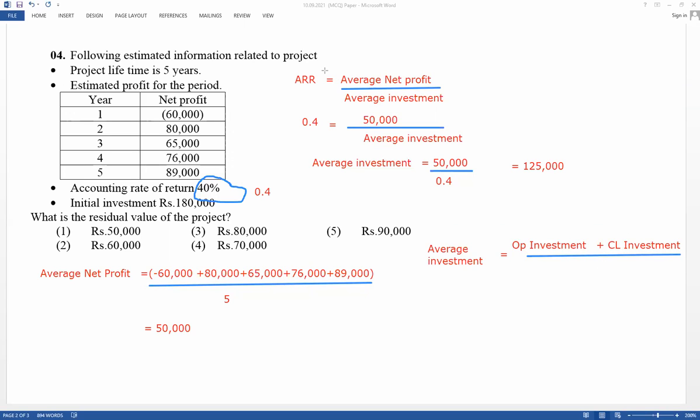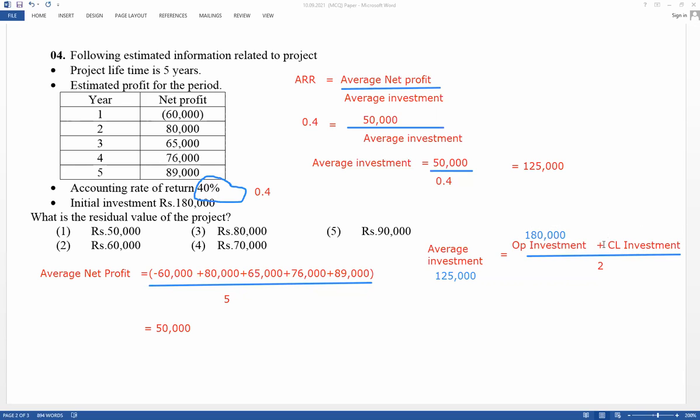Now, average investment we know. It is equal to 125,000. Average investment has been calculated as 125,000, and the opening investment equals the initial investment of 180,000.